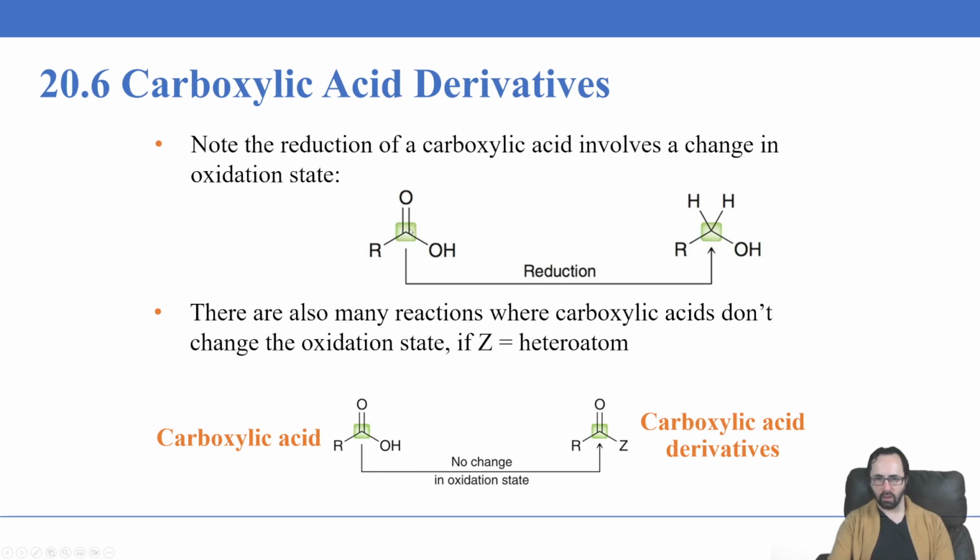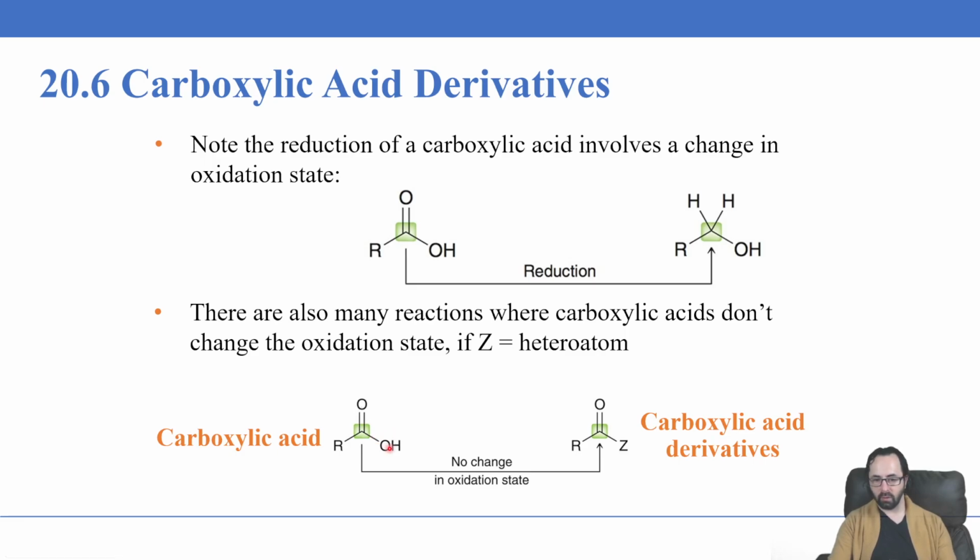And so essentially here what we've done is replace the carboxyl group and reduce to a primary alcohol. Notice that we've got a change in oxidation state when this occurs. This is a reduction. But carboxylic acids can undergo many reactions in which there is no change in the oxidation state of the carbon atom.